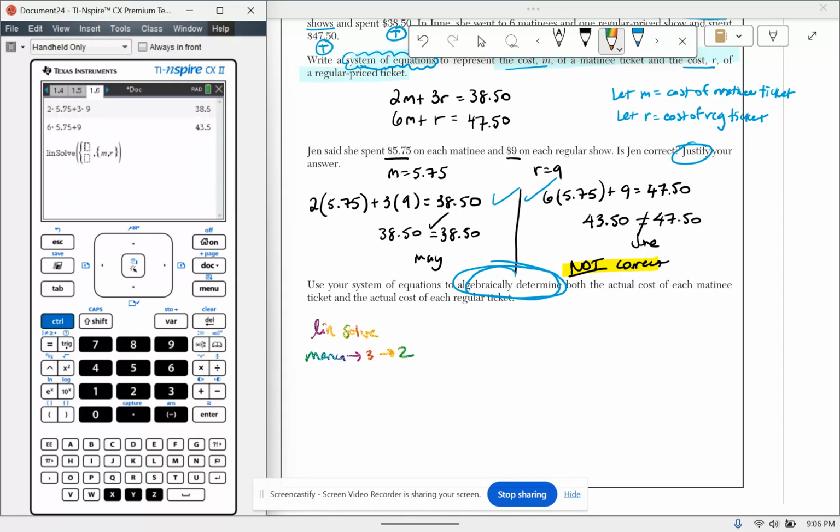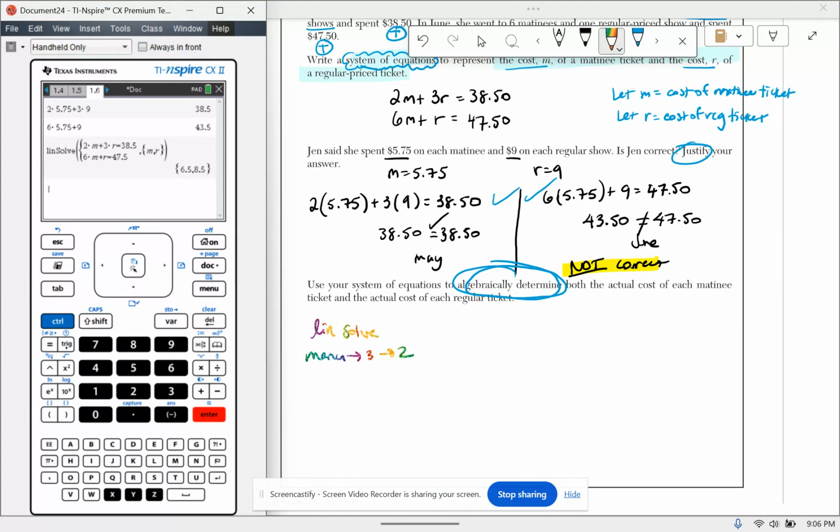And then now I can just type in my equations the way I see them, right? 2m plus 3r equals 3850. And then 6m plus r equals 4750.